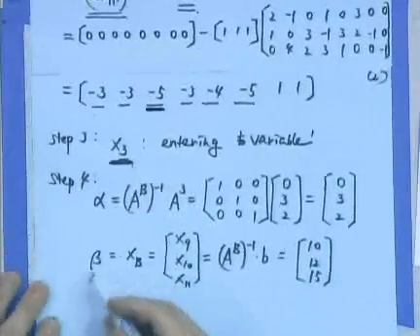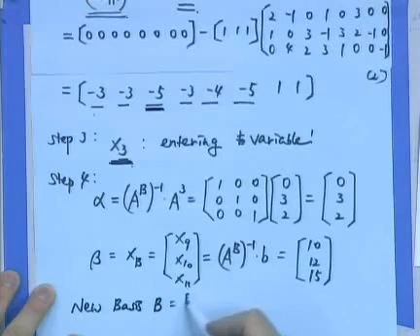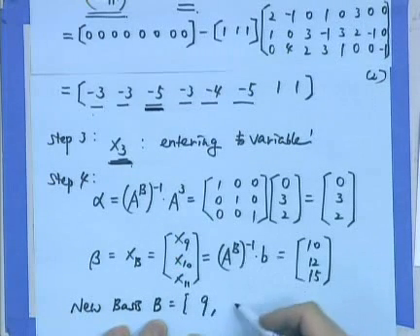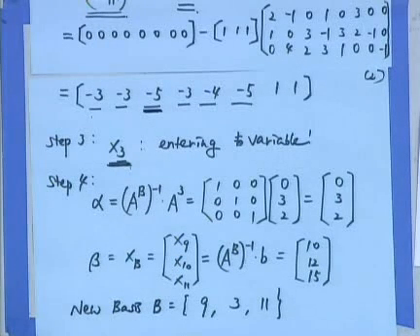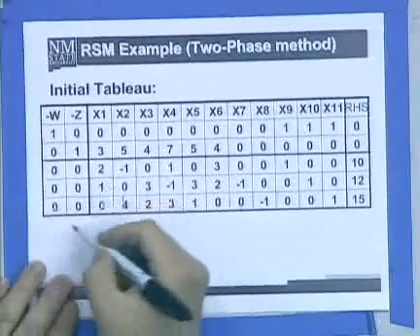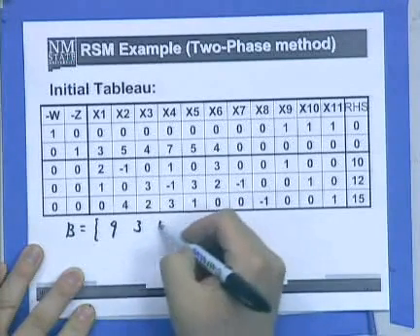And the new basis becomes 9, 3, 11. Right? So you have a new basis. B is 9, 3, 11.